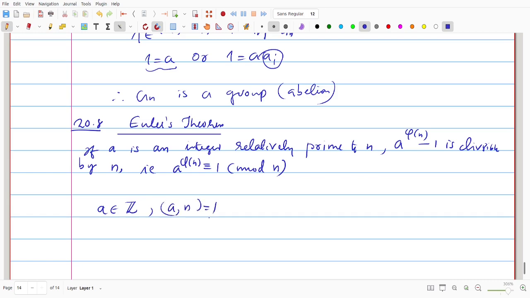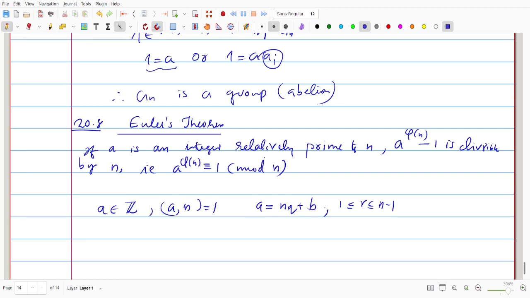If you choose such an element a corresponding to this n, then you can get an r such that 1 is less than or equal to r, which is less than or equal to n minus 1. I will call this r as some b.